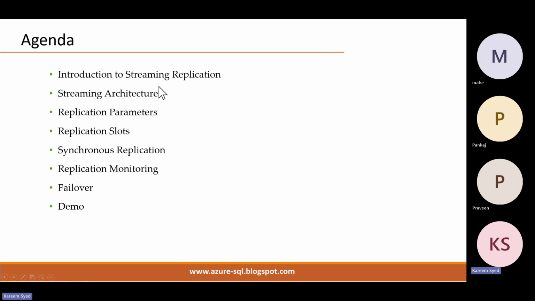So after the introduction, we'll see the architecture and the replication parameters, meaning what we have to set in the primary replica and in the secondary replica, especially in the two files, postgresql.conf and pg_hba.conf.